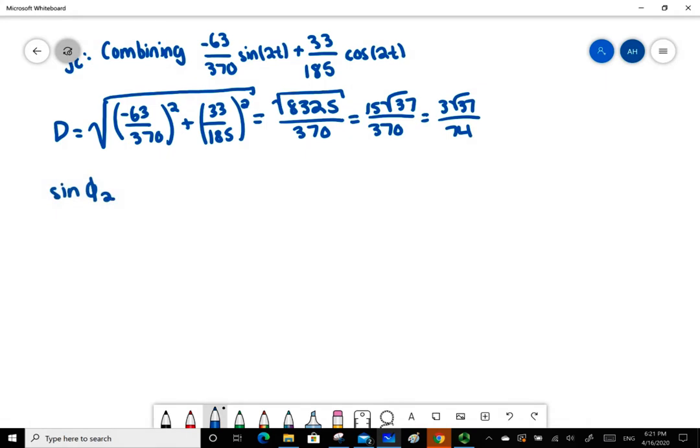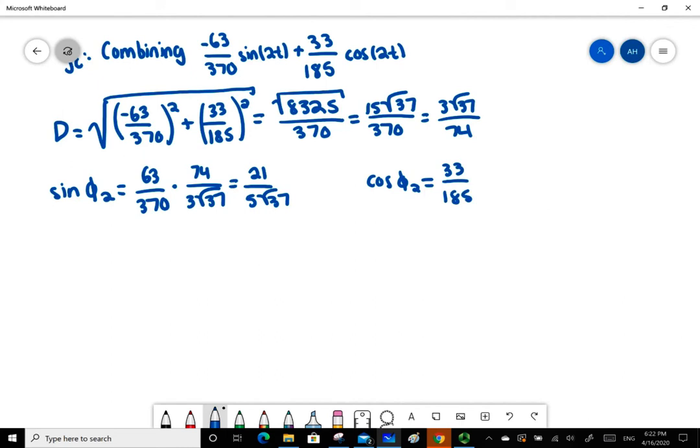The sine of phi 2 will be 63 over 370 times 74 over 3 square root of 37, which is 21 over 5 square root of 37. And the cosine of phi 2 will be 33 over 185 times 74 over 3 square root of 37, which is 22 over 5 square root of 37.